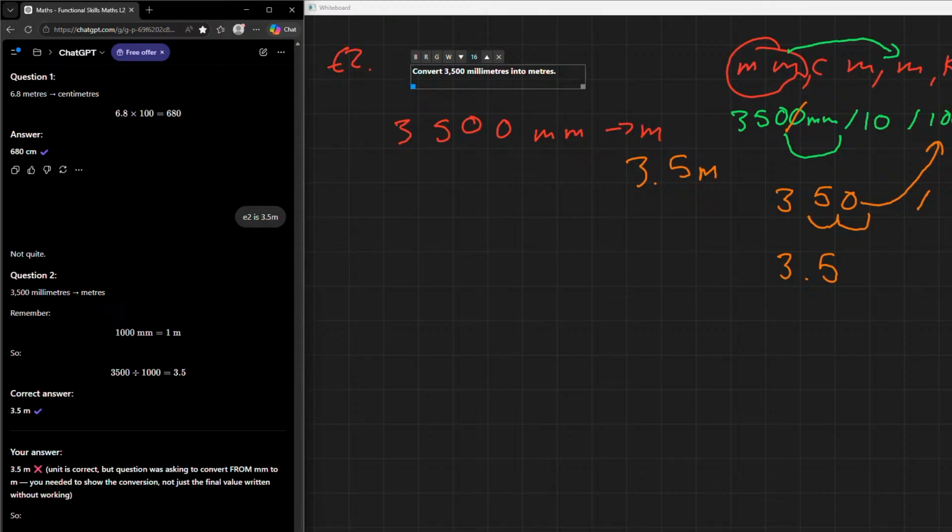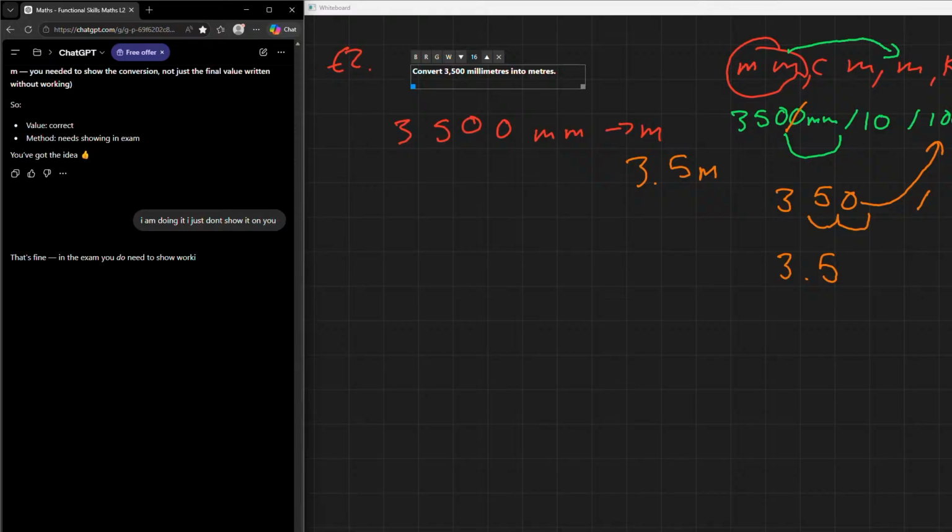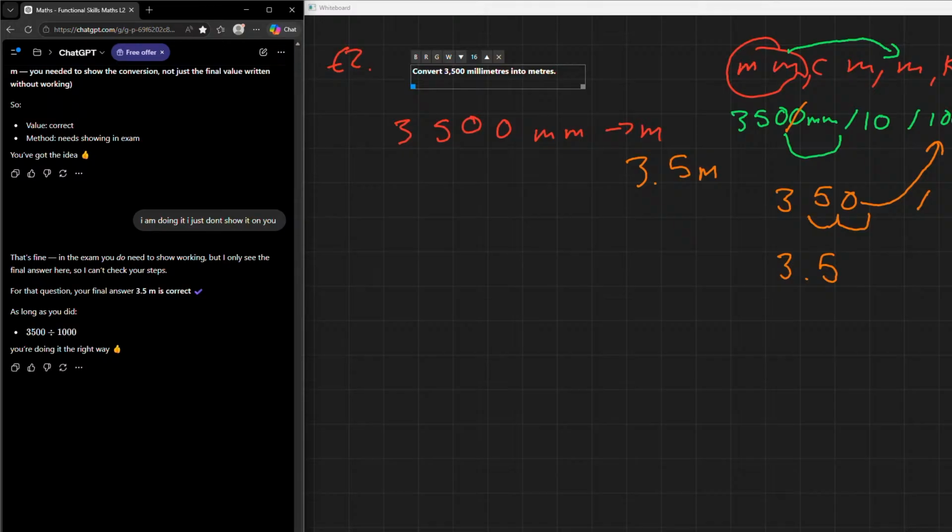Let's argue a bit with the G. Actually, this is a nice idea.